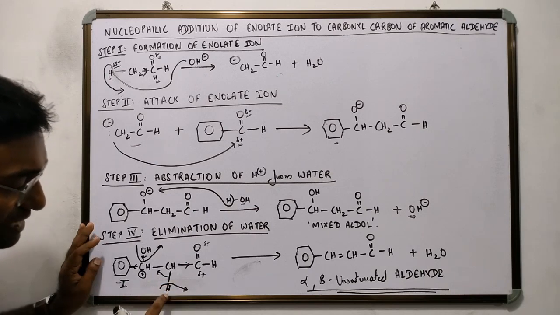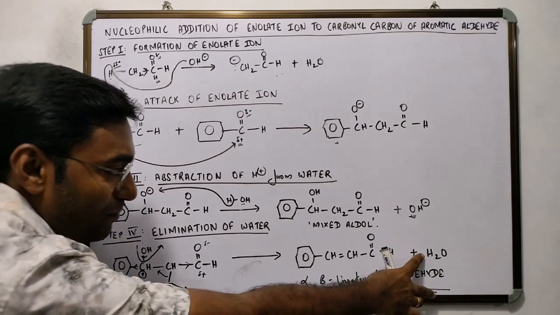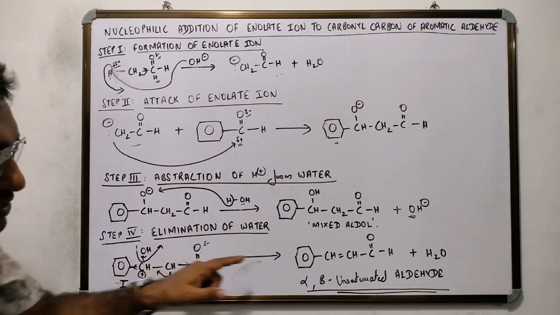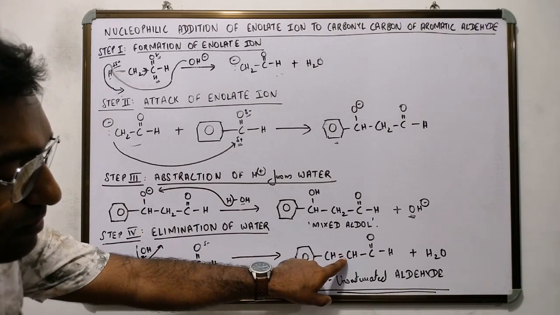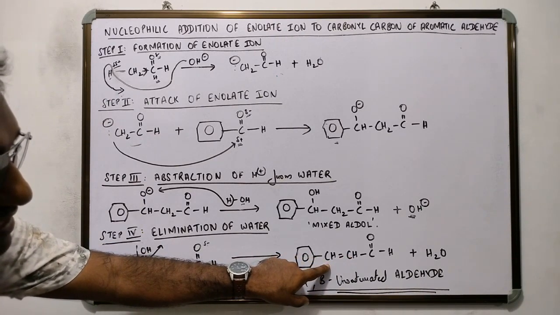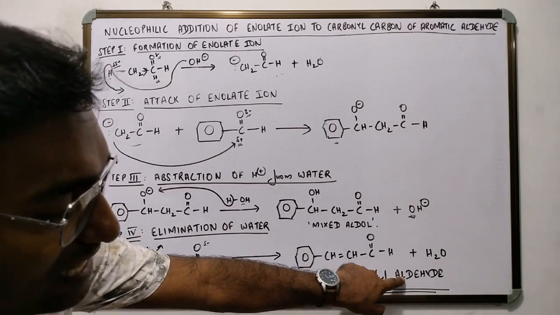The dissociated H plus now combines with OH minus to form water. The electron pair which is pulled now establishes itself as the second bond between alpha carbon and beta carbon, resulting in the formation of an alpha beta unsaturated aldehyde.